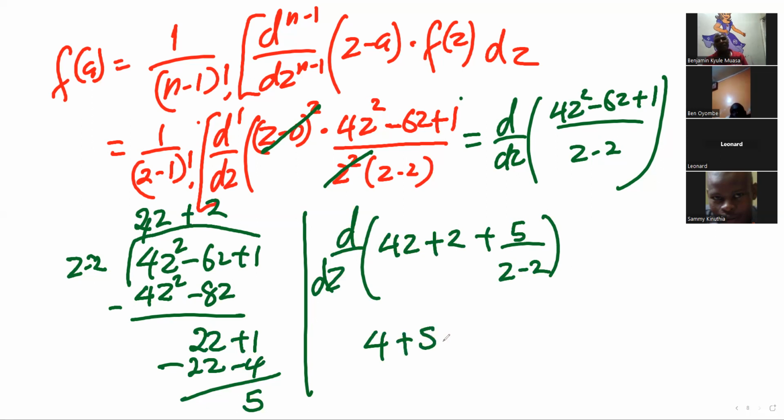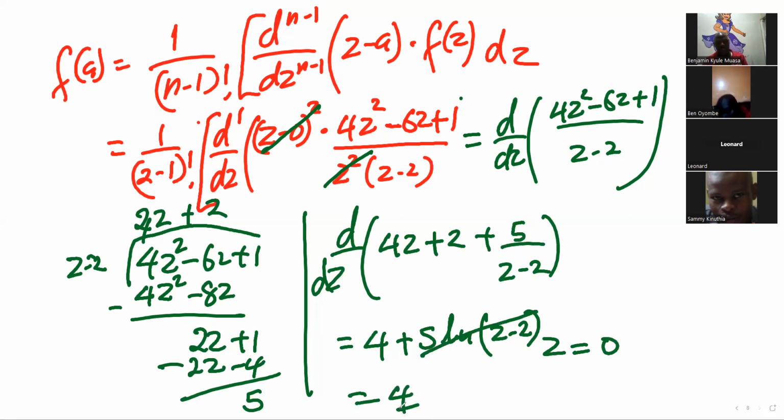Then plus the derivative of 5 over z minus 2. Now we are going to have z equals 0. So when you substitute 0 here, this one is going to have all 0 here. So the answer becomes 4 like that. So the residue is 4. Actually, this one here, we have finished it. It should be like that.